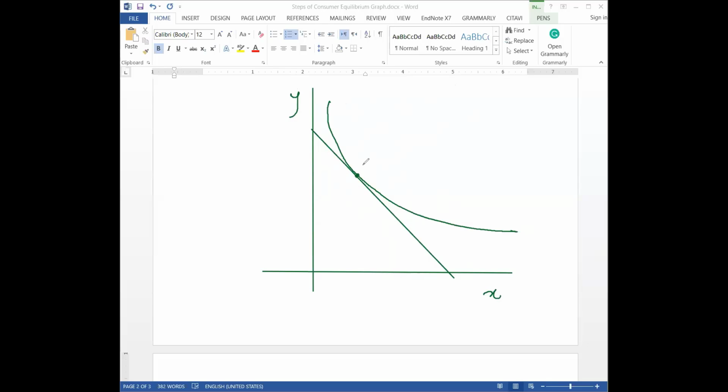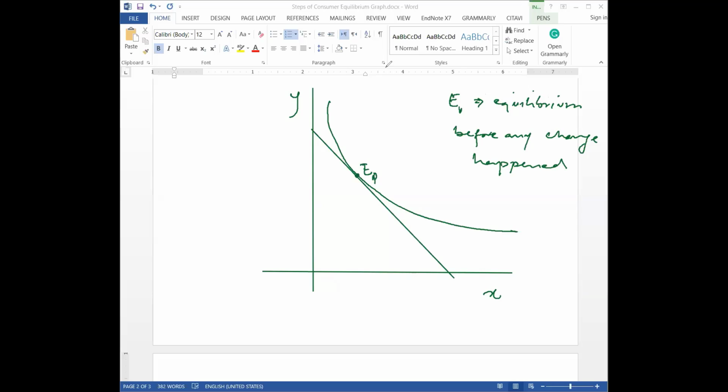and I will label this point E1. This is equilibrium. E1 is the equilibrium before any change happened, before any event.